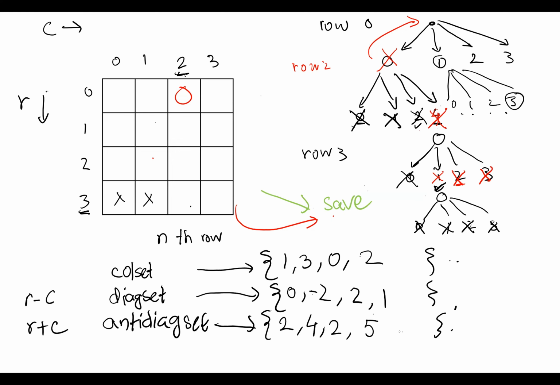Now, what is the time complexity of this algorithm? You will get a rough idea about it. As you can see, for each row, we have n of these rows, right? So for each point, this tree expands to n more. So if there are n here, in the second row for each of these it's n into n, right? Then in the third row for each of these n squares, there are n options.